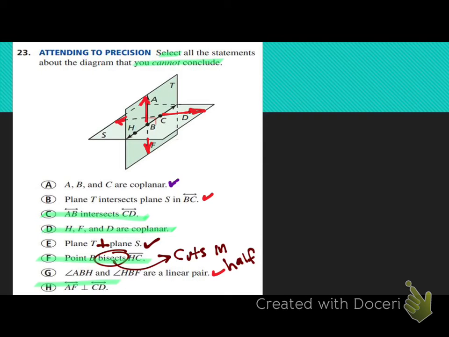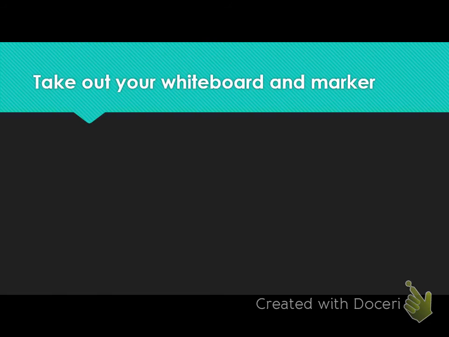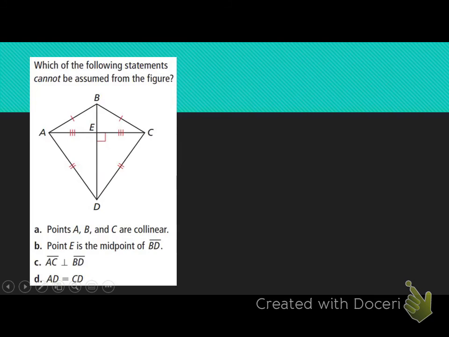That's it. You're going to take out a whiteboard and a marker. You don't need a calculator. All we're doing is the same thing. So, which of the following statements cannot be assumed from the figure?